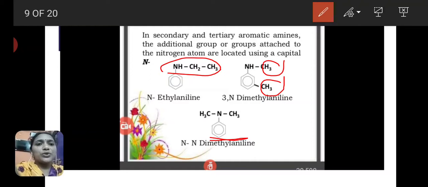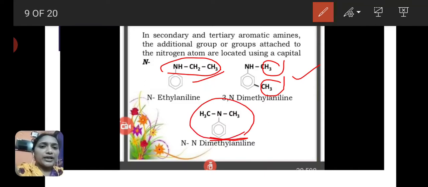Okay, these two are secondary amines, and this is an example for a tertiary aromatic amine. Nitrogen has three different groups around itself. Nitrogen has methyl groups on two sides and a benzene ring on one side, so it is N,N-dimethyl aniline.